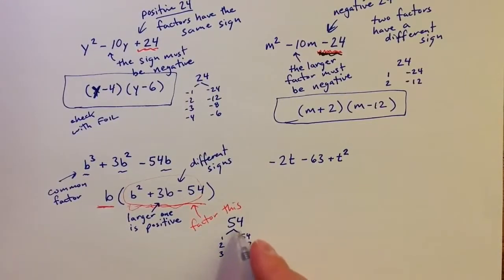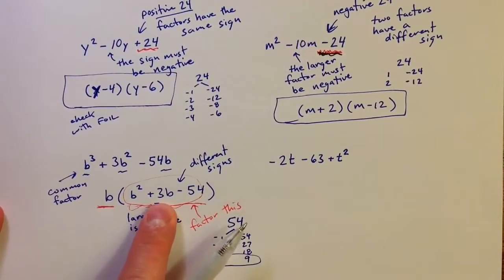Not quite. 5 doesn't quite work, but 6 goes into 54 9 times. Again, I want the larger factor to be positive, so I should think of this as a negative 1 times 54, negative 2 times 27. And so the factor pair that works, looking at this list, is negative 6 times positive 9. If I add those two up, I get positive 3.